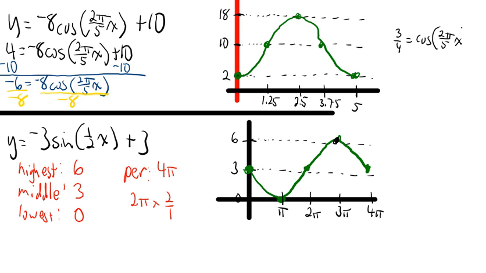Who thinks they know what we should do next? Yep, inverse cosine. So if the cosine of my angle equals 3/4, that means my angle equals the inverse cosine of 3/4.